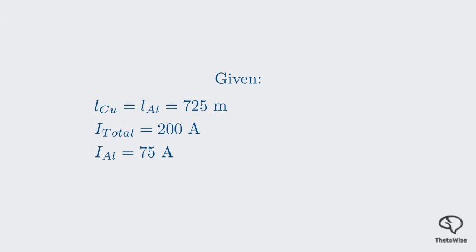First, we always list our givens, including the resistivities for copper and aluminum, and convert everything to SI units. Length is 725 meters. Total current is 200 amps, and the aluminum current is 75 amps. The copper diameter is 6 millimeters, which is 6 times 10 to the minus 3 meters.